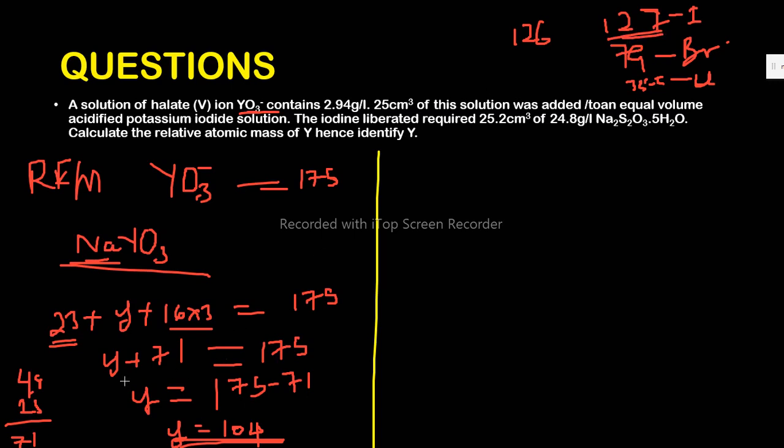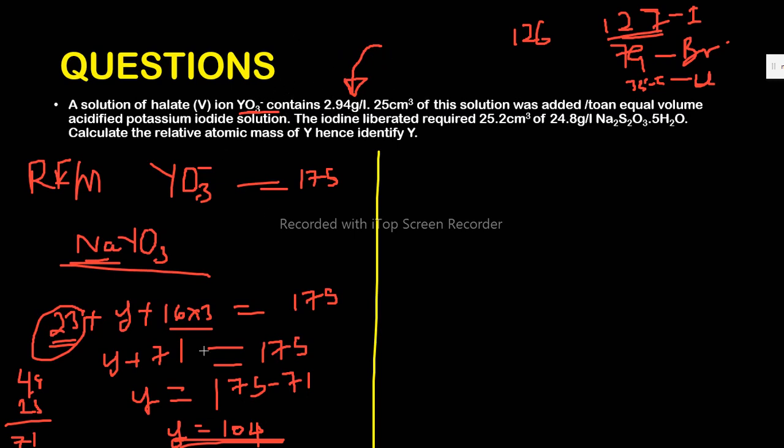If you don't consider sodium, the 23, then we shall get 127. But that one is not accurate because you are weighing a salt, not ions. Ions occur in solution form. So it is supposed to be considered.